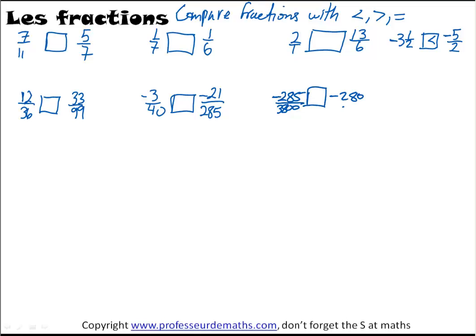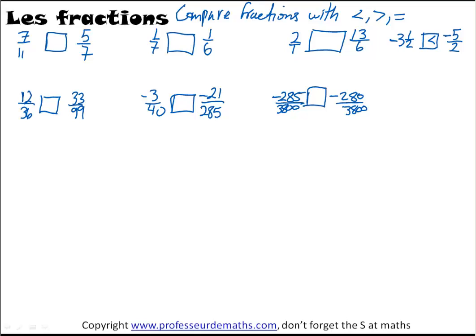I'm done. Let's start. The first one is 7 over 11, 7 elevenths, compared with 5 sevenths. If we look at those fractions, it's not that obvious which one is greater. Of course, we could try to do drawings, but that would take a lot of time and is not the best way to proceed. I suggest, as usual, that you put both fractions on the same denominator.